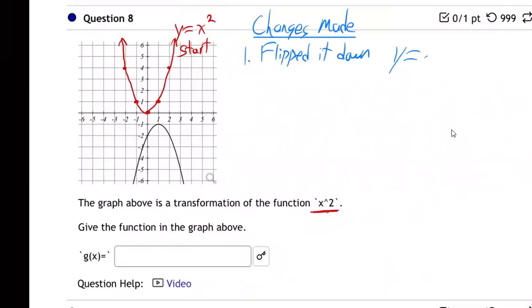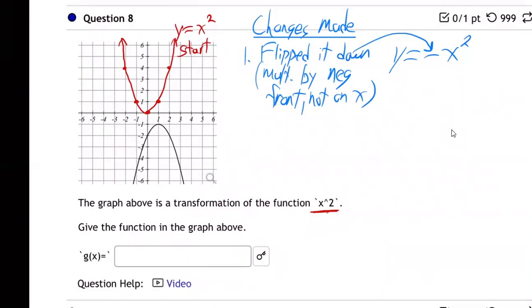It's going to be the minus in the front. Are we okay with that? Multiply by a negative in the front, not on x, right? Because it's not an x effect. It's not a sideways effect.